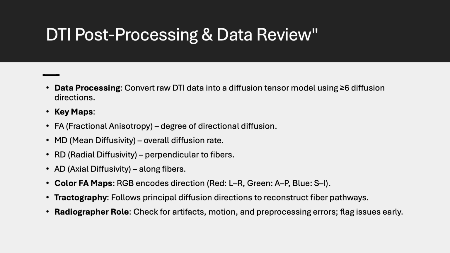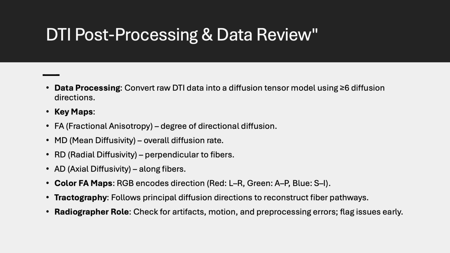The fractional anisotropy map, which tells us how directional the water diffusion is in each voxel. The MD map, which shows the average diffusion rate regardless of the direction. And the radial diffusivity, which reflects diffusion perpendicular to the fiber tracts. And also the axial diffusivity, which measures it along the fiber direction.